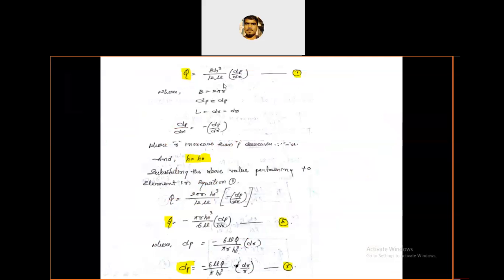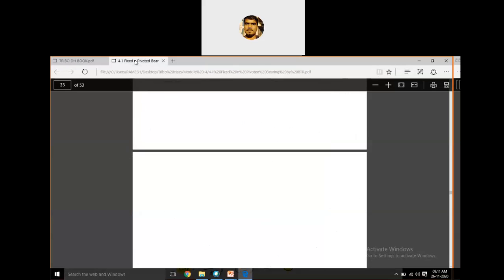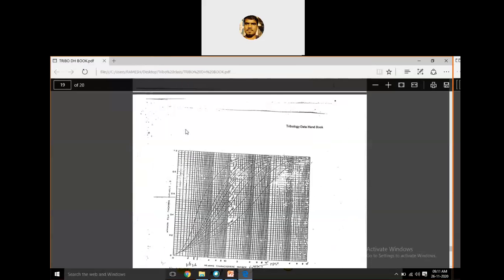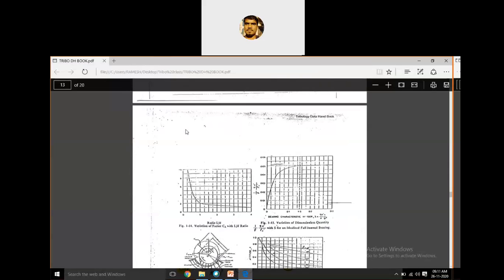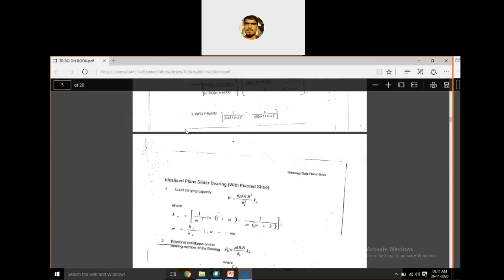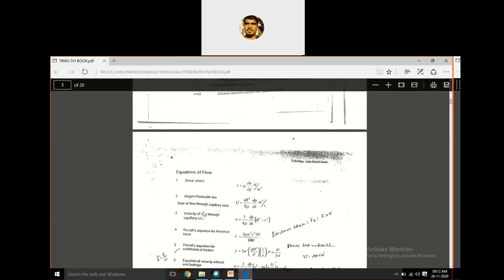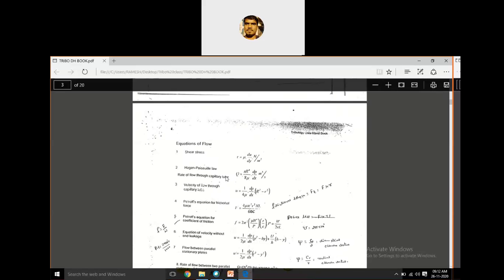You just take the help of the data handbook. This is the data handbook. The first equation is the Hagen-Poiseuille law, flow in the capillary tube, but we need flow in parallel plates.